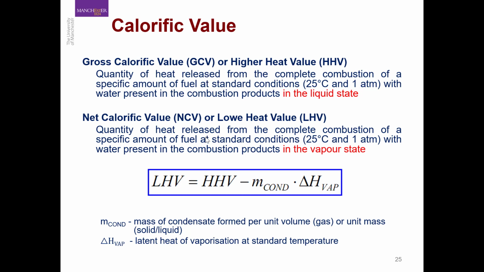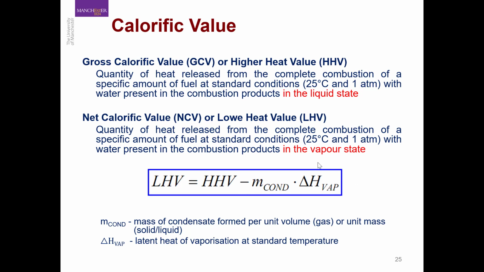And as such, it is very easy to relate these two, because the net calorific value is lower than the gross calorific value by the amount of energy that is required to vaporize the liquid present in the stream. Here you can see that the lower heating value is equal to the high heating value minus the mass of the condensate formed per unit volume multiplied by the latent heat of vaporization.